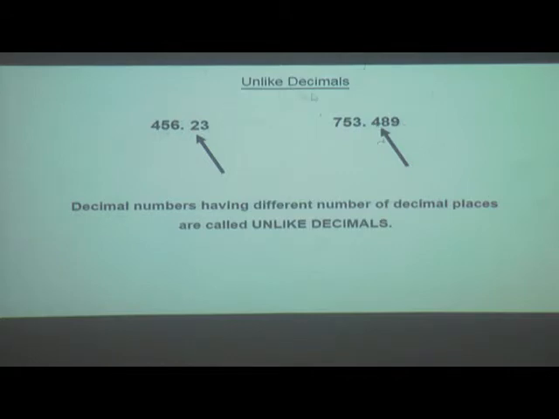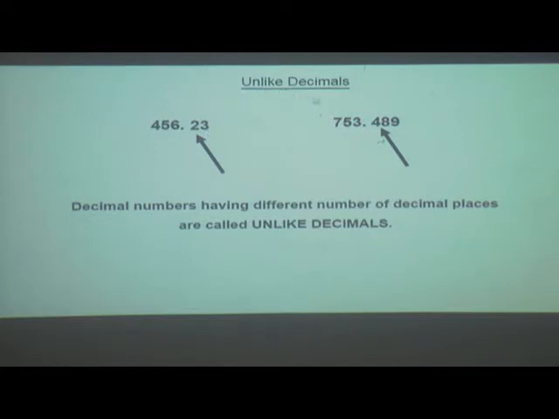Why is it unlike? I will explain. First we will read this. Decimal numbers having a different number of decimal places are called unlike decimals. After the decimal point, the number of decimal places, meaning the number of digits after the decimal, if they are different, are called unlike decimals.